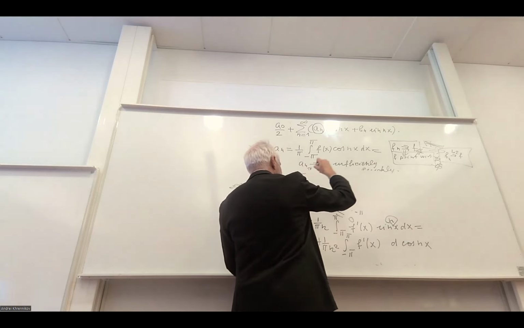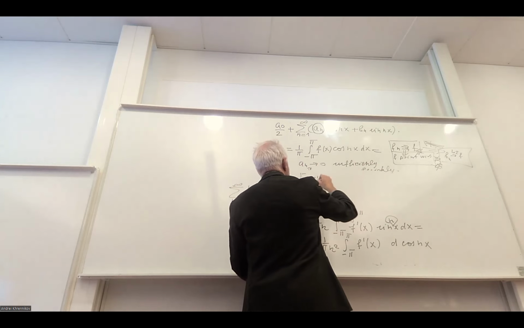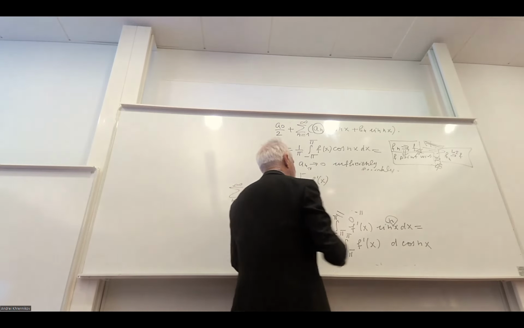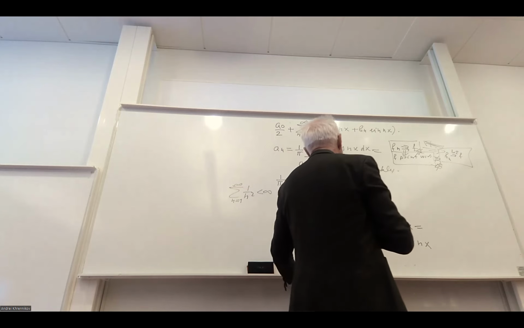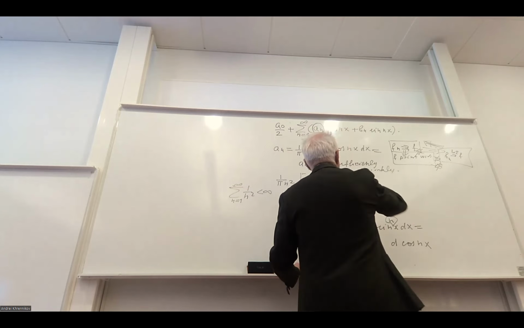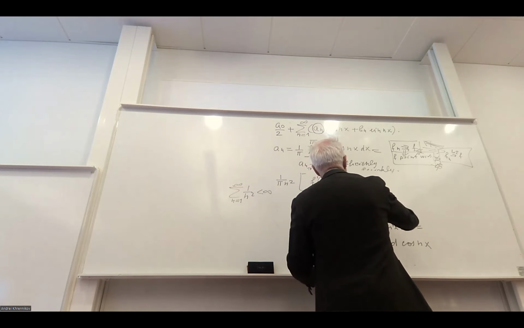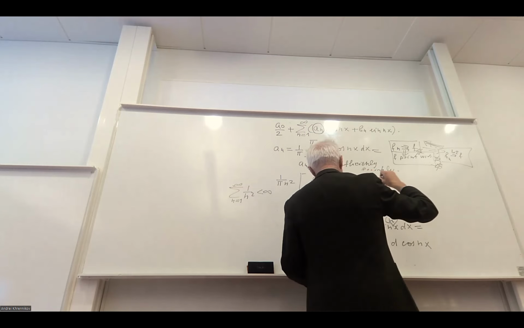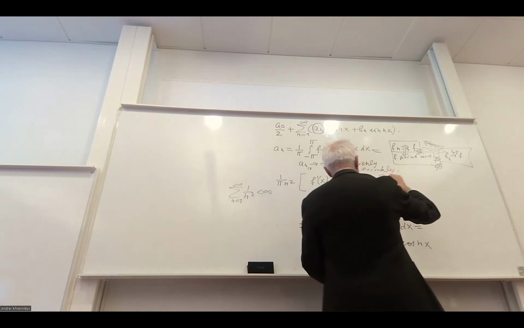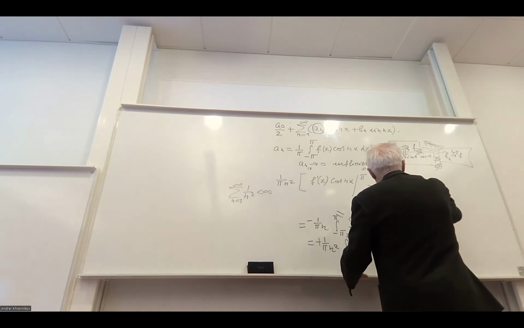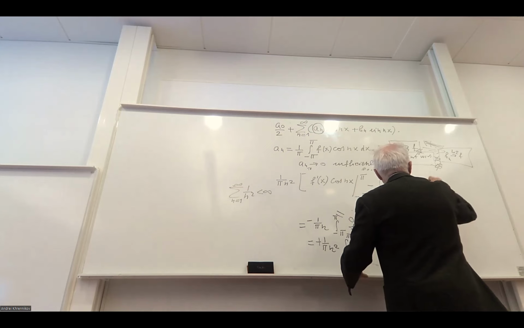So it would be f'(x) cos(nx) from minus pi to pi, and here minus the integral from minus pi to pi of f''(x) cos(nx) dx.